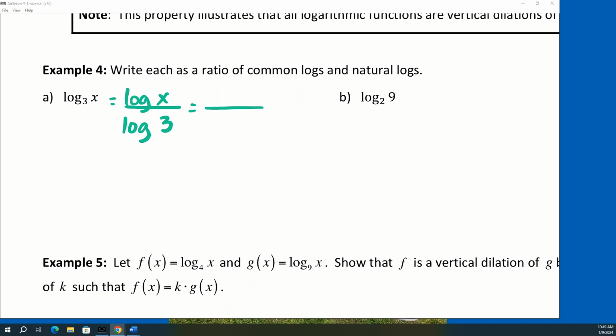So that question on the ACT, if you remember this formula, you can get right in like 5 seconds. If you hadn't seen it before, you'd have to try a bunch of stuff in your calculator until you figured it out, which would take longer than you would want at that point. And these are typically questions towards the end. The logarithm questions are towards the end of the ACT. All right, and then natural log is just natural log of x over natural log of 3. Okay, you guys try B on your own, please.